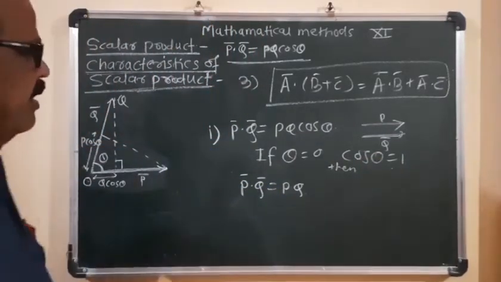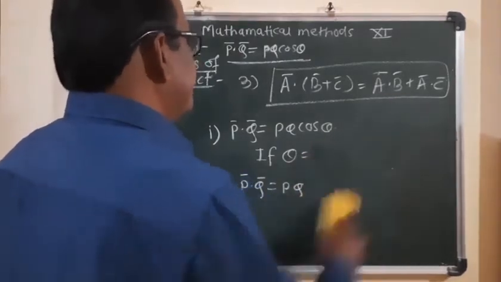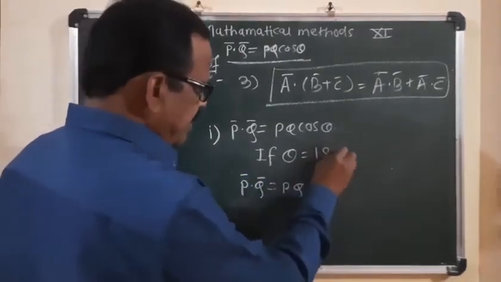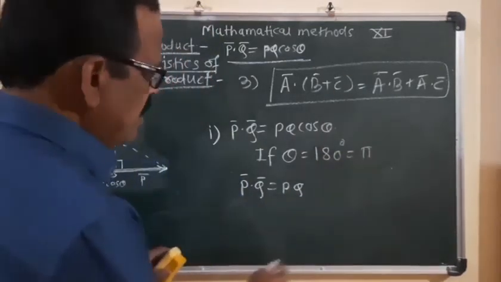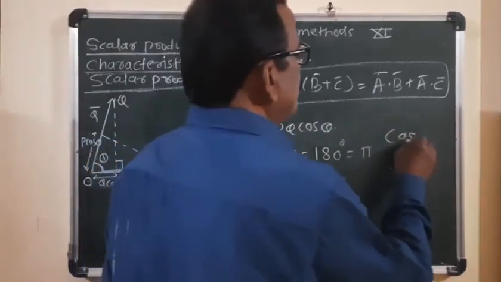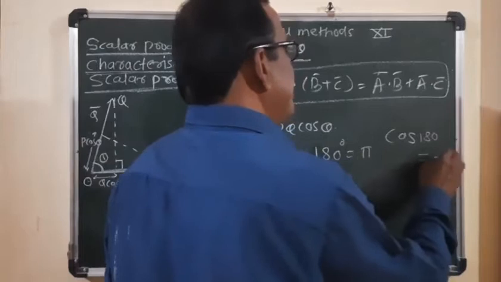Now, if angle between two vector is equal to 180 or pi radian, then cos pi is equal to cos 180 or cos pi is equal to -1.